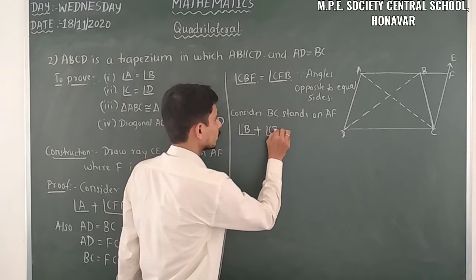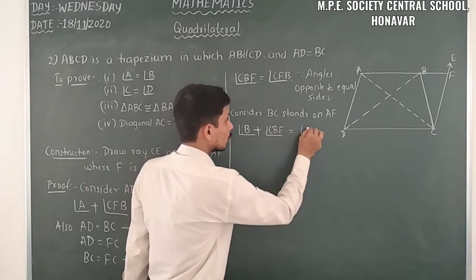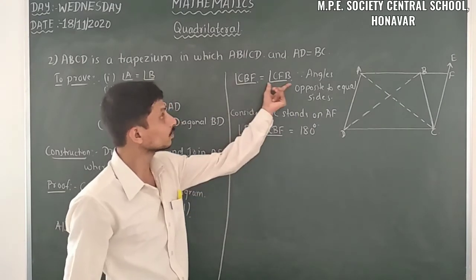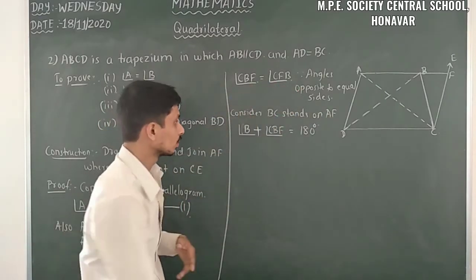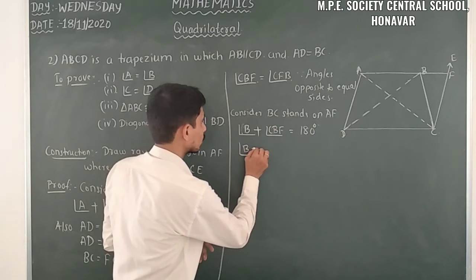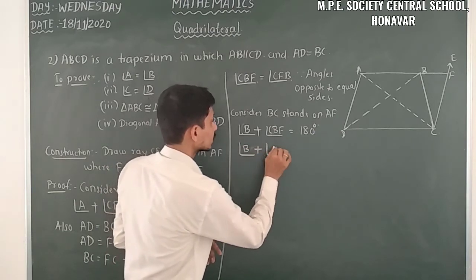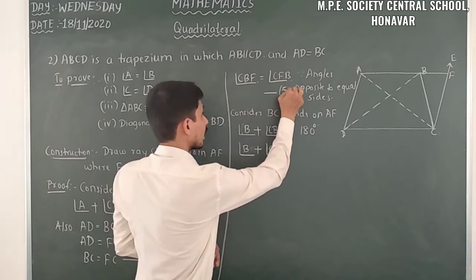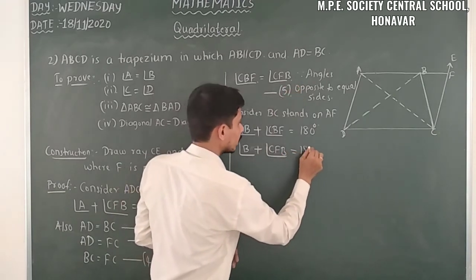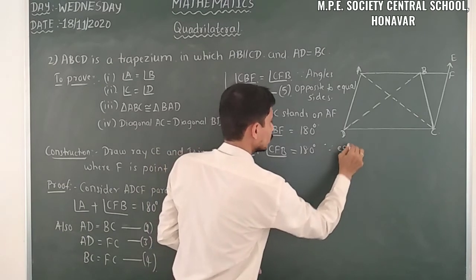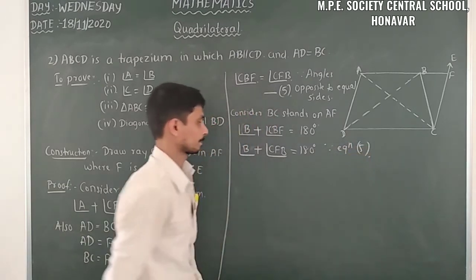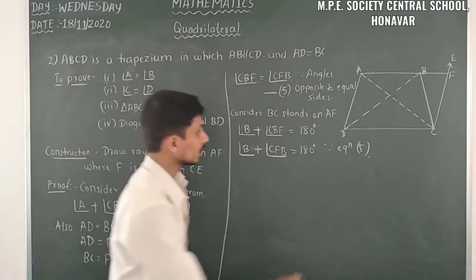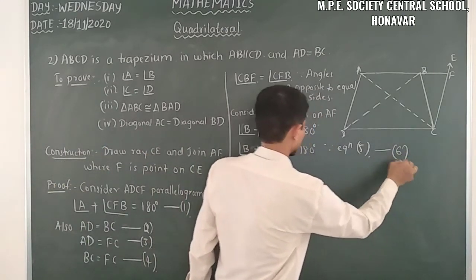Angle B plus angle CBF is equal to 180 degrees. Since angle CBF is equal to angle CFB, we can change it: angle B plus angle CFB is equal to 180 degrees. I will take this as equation number 6.